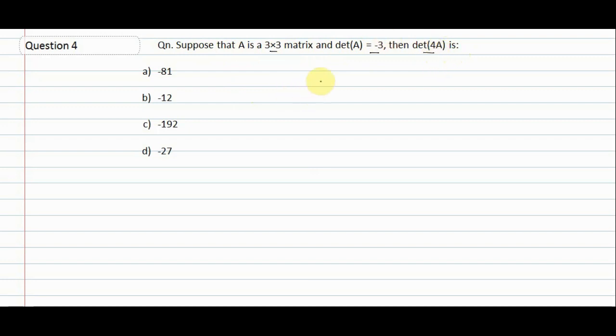If you have a matrix A with an order n by n, and if its determinant value is known to us, we can calculate the determinant of kA by using the formula k raised to n into the determinant of A. So here k is a scalar. So we can make use of this formula to solve this question.